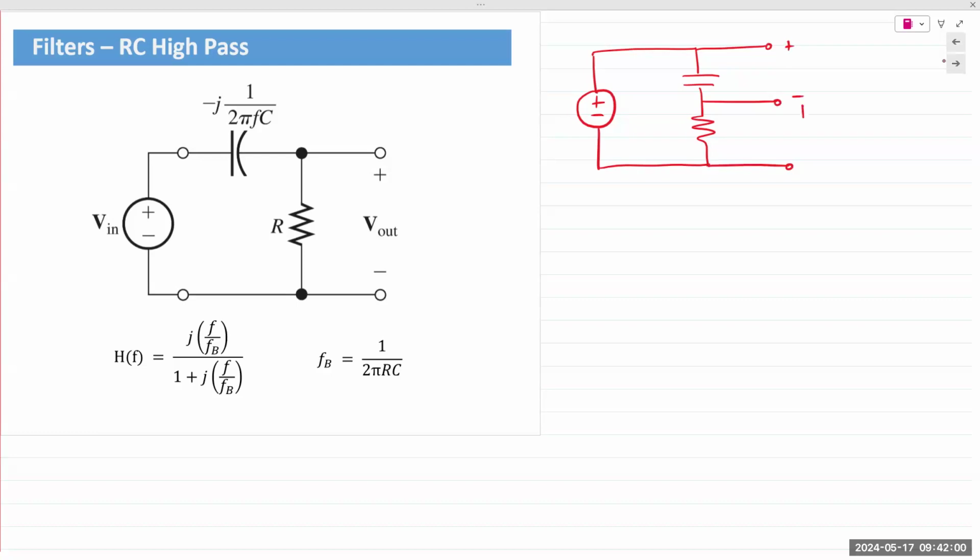Plus, minus, V out. This time we take the output across the resistor. Let's analyze, handy dandy table. Frequency equal to 0, capacitor behaves like an open circuit.